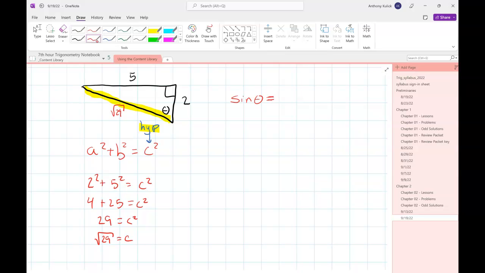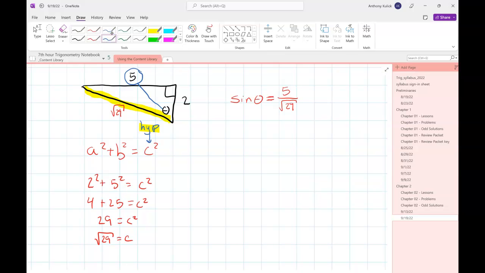It's 5. Remember that opposite is always relative to the angle. So 5 would be the opposite in this case, and the hypotenuse is the square root of 29. Great.